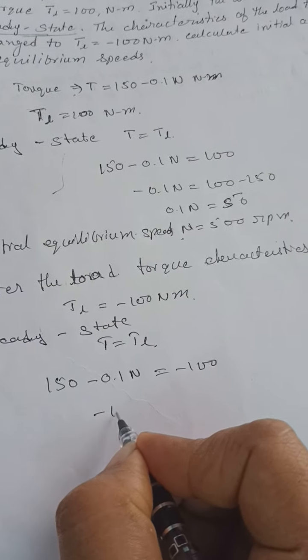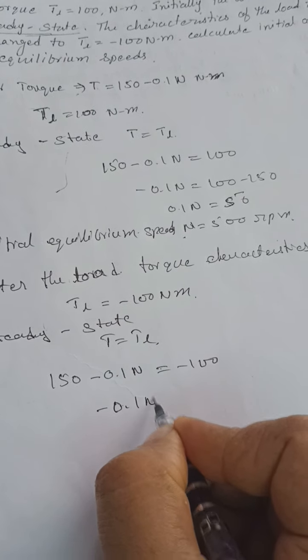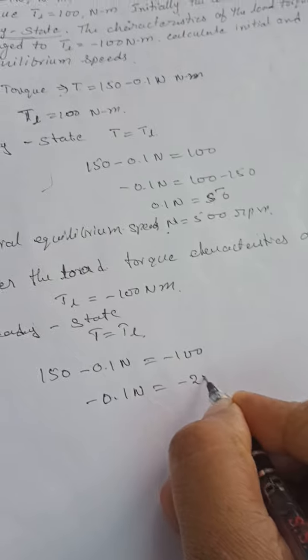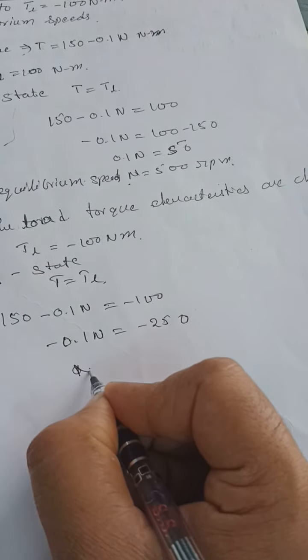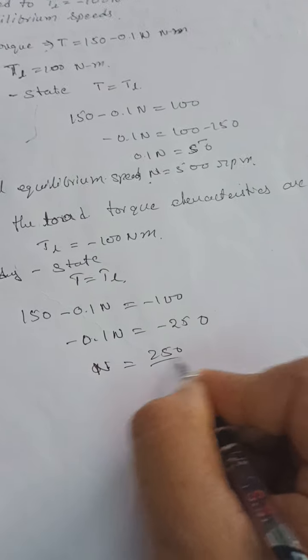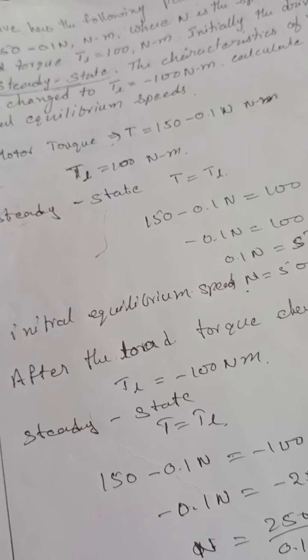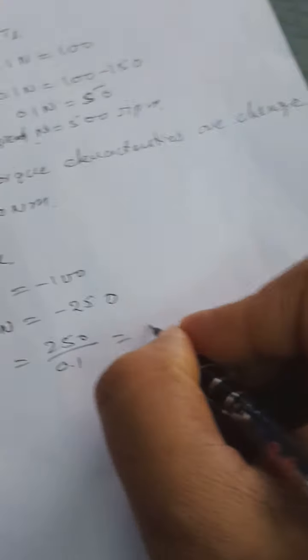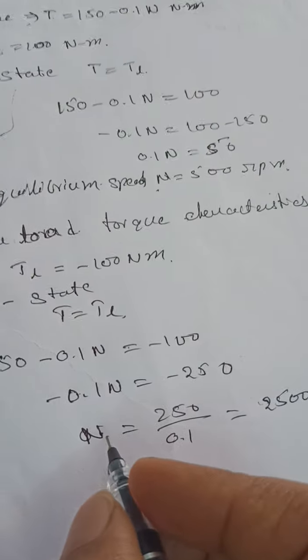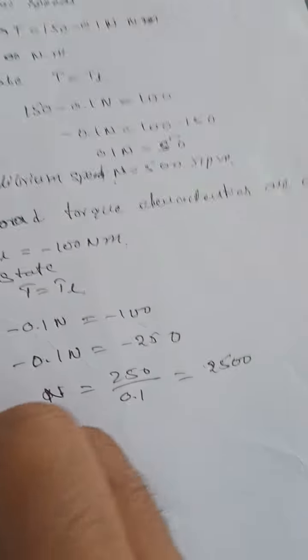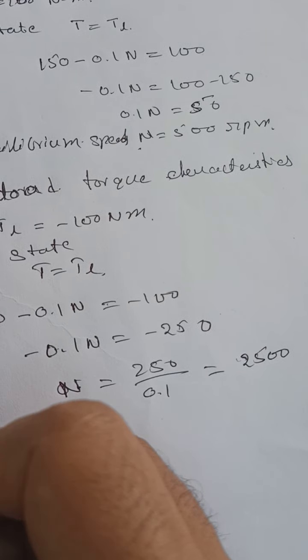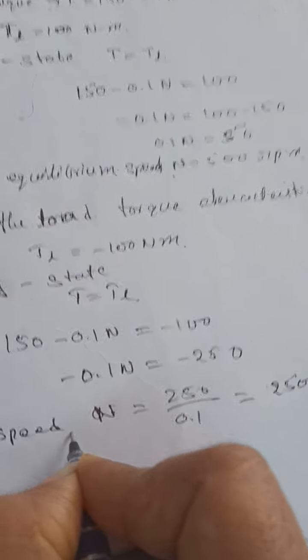So from this minus 0.1 n equals minus 250. From this n is equal to 250 divided by 0.1, then you will get 2500. This is the final speed.